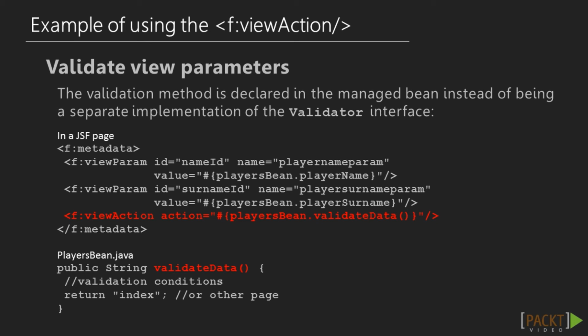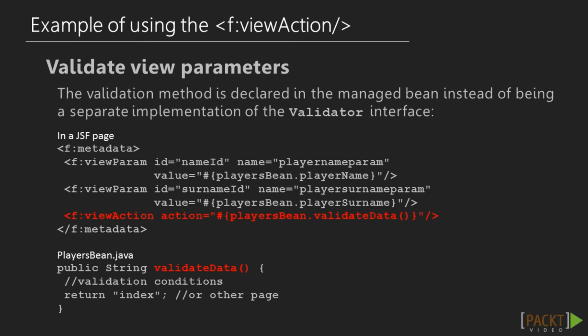In this example, we are using a view action to invoke a method that is responsible for validating two view parameters. We can easily modify this example to load the specified player from the database or to accomplish any other specific task. Of course, we can also use view actions without view parameters.